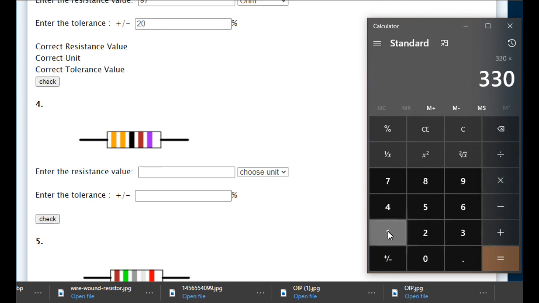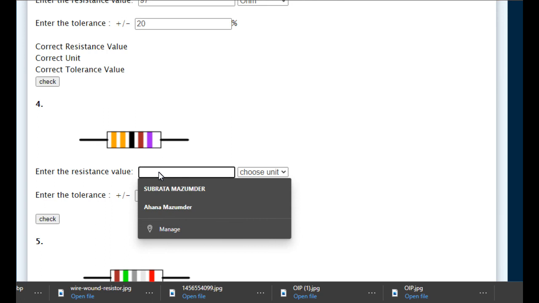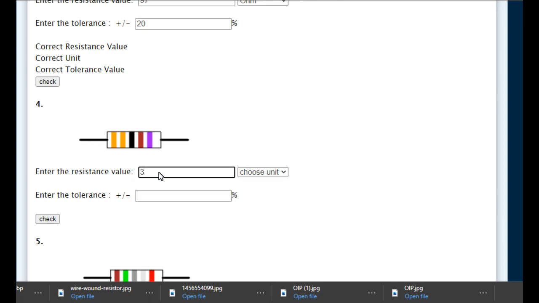So you should multiply by 10, and 3300 ohms is your value. Always keep in mind that you should express your value as small as you can.